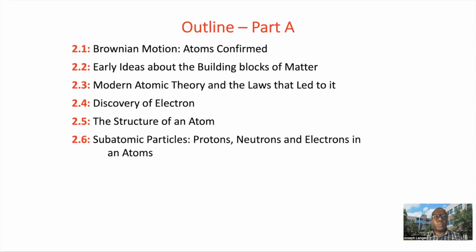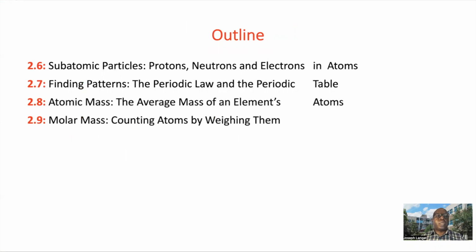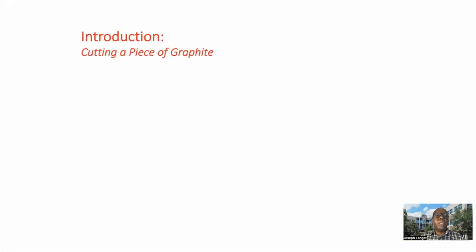In section 2.5, and lastly in part A, we'll talk about the subatomic particles, that is the protons, neutrons, and electrons. In part B, this is where I'll talk about the building pattern of an atom, atomic mass, and the molar mass.